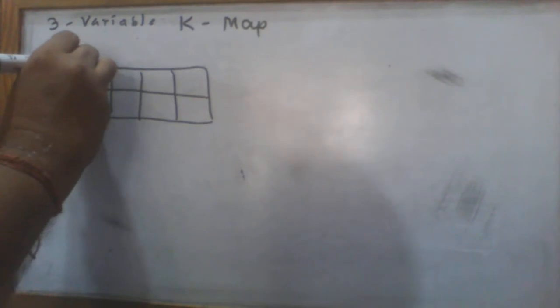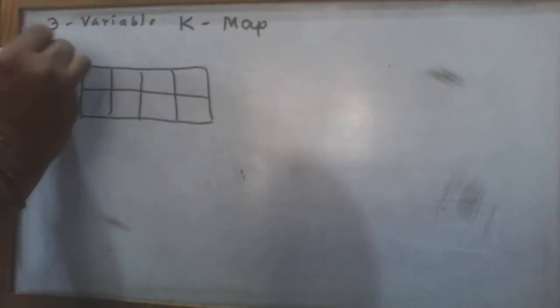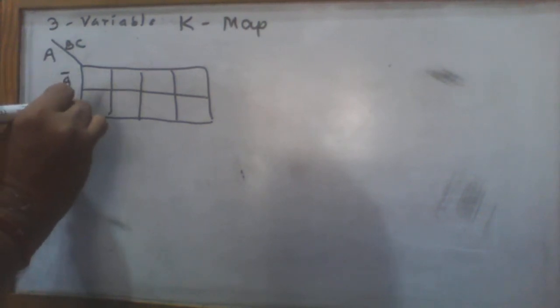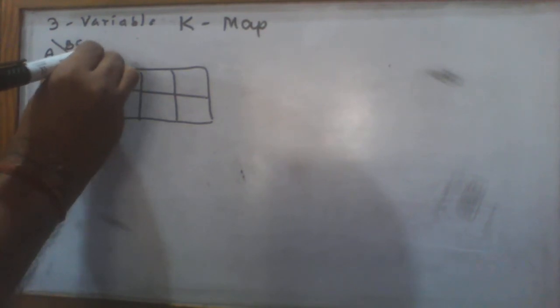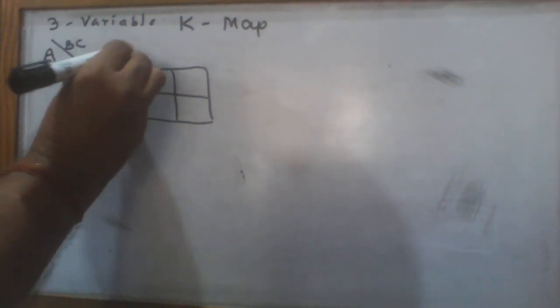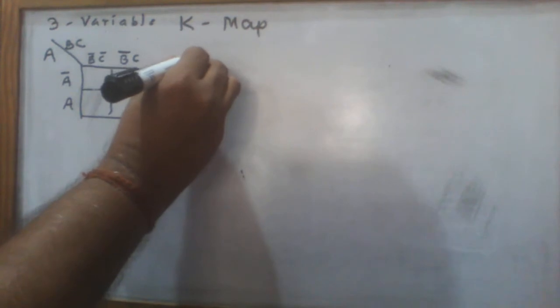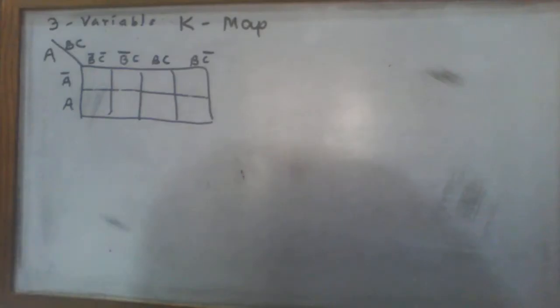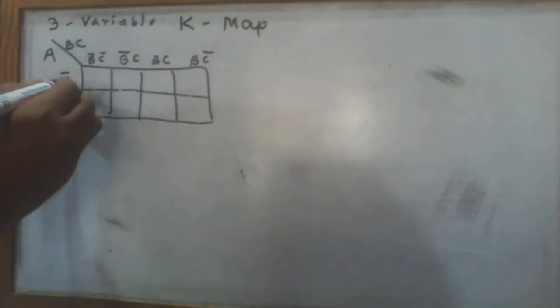Suppose these are three variables A, B, C. Then here A bar can be written and here A can be written. Here B bar C bar, B bar C, BC bar and BC. This is the method of writing K-map for three variables.